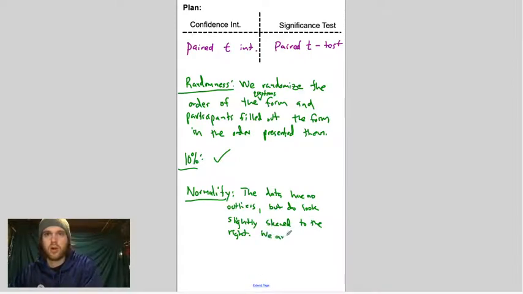We are not convinced that these data come from a normal population of differences.